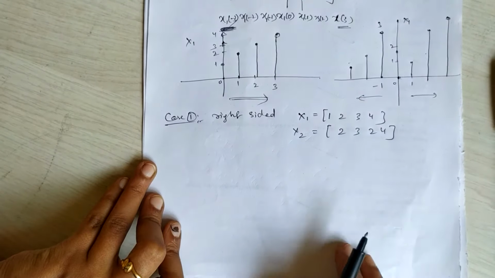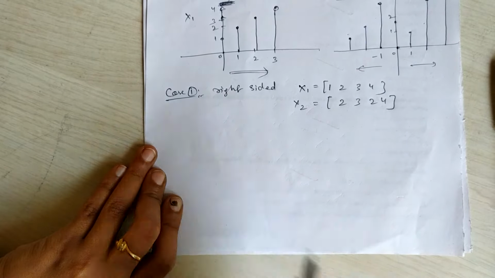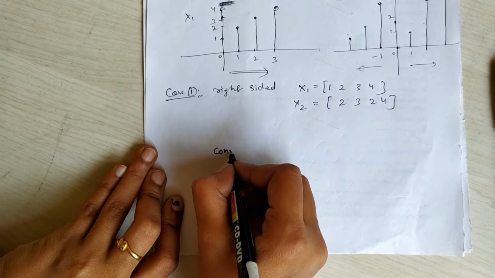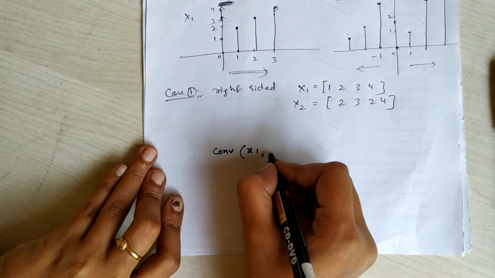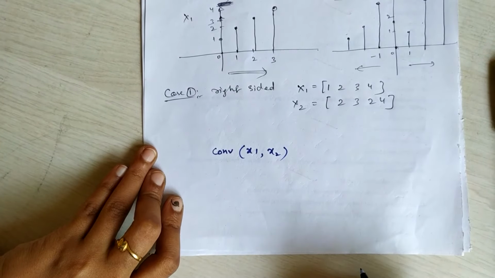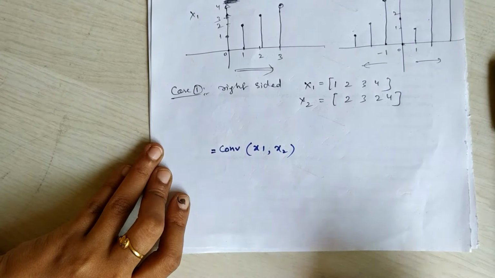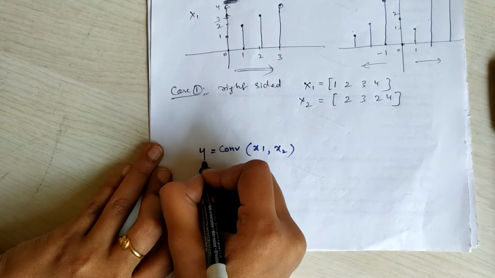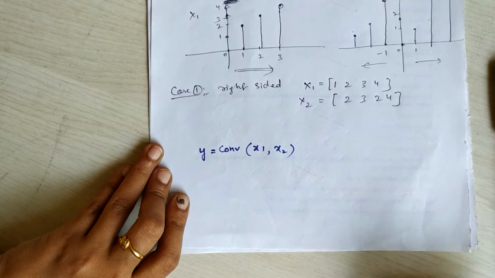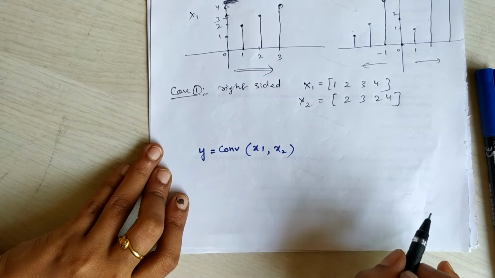To perform this, the key function which you have to remember is just conv of x1 comma x2. We are performing the linear convolution operation, which will be equated to the y variable. Only this key function we have to remember, that's it.